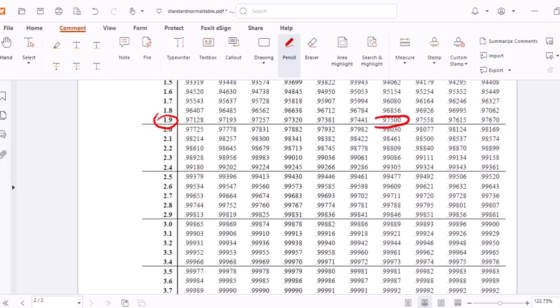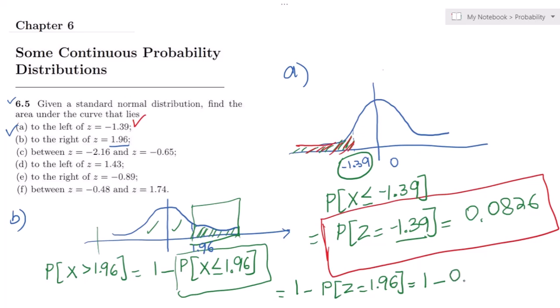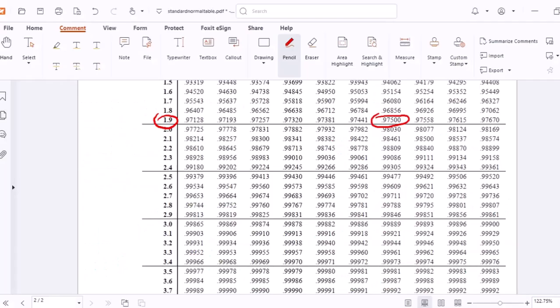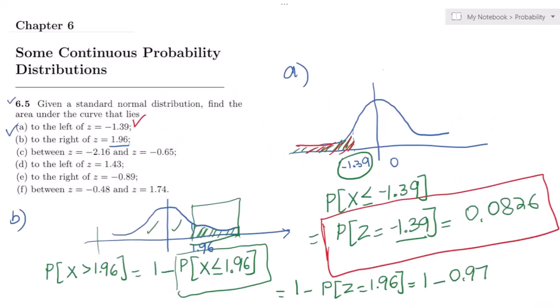So this one is here, and this is 0.975. Subtracting it from 1, what would I get?